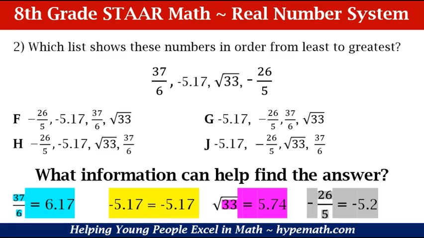We have 37 over 6 is equal to 6.17. Negative 5.17 is equal to negative 5.17. There was no conversion needed. For the square root of 33, it's 5.74. And negative 26 over 5 is equal to negative 5.2.